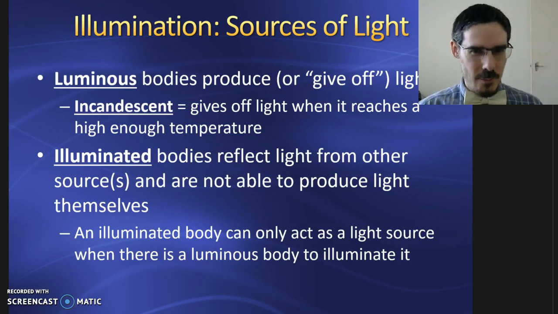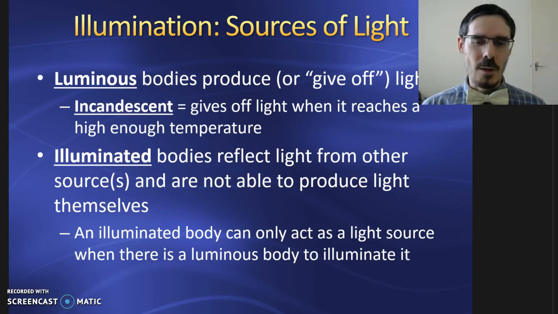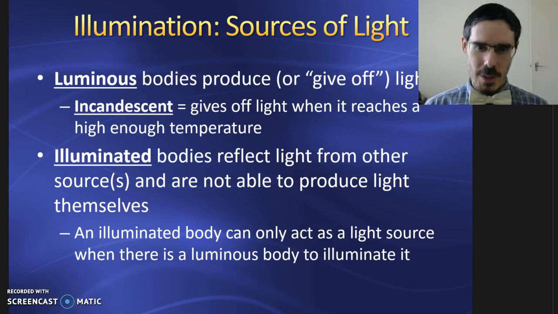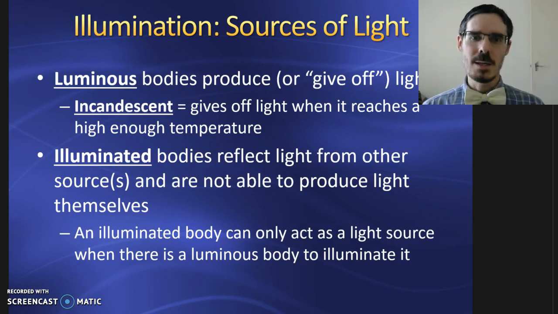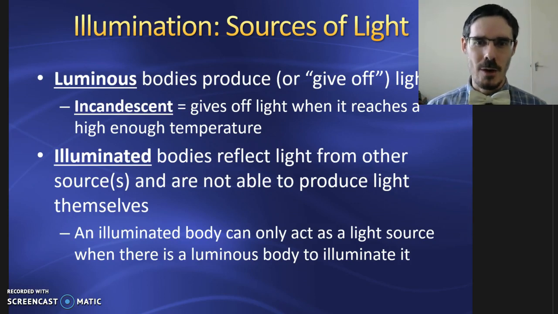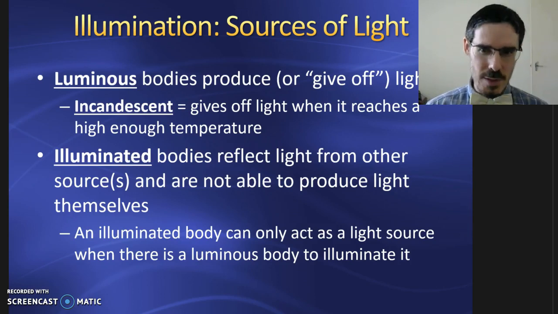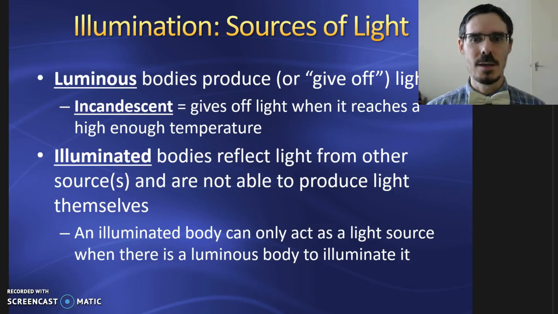Where does the light come from? Well, there are luminous bodies. These produce or give off their own light. The sun is luminous. In fact, the sun is incandescent. It gives off light because it's hot. Actually, your stove is probably also incandescent.